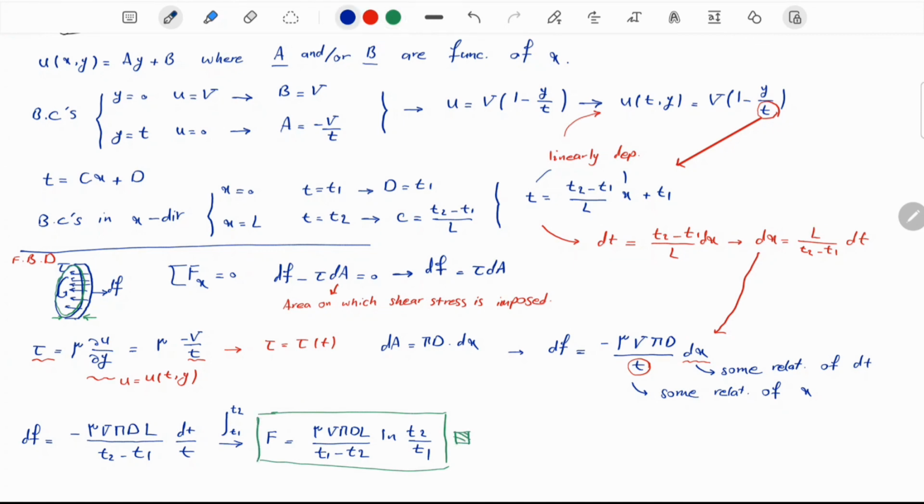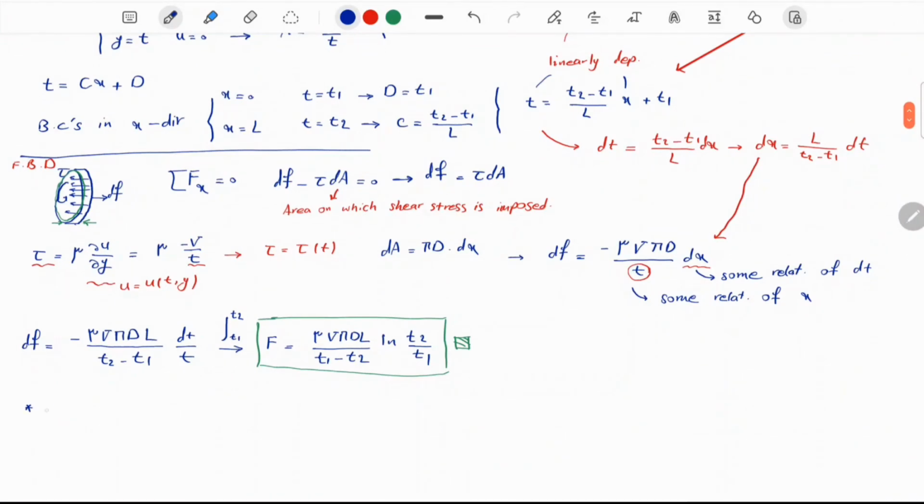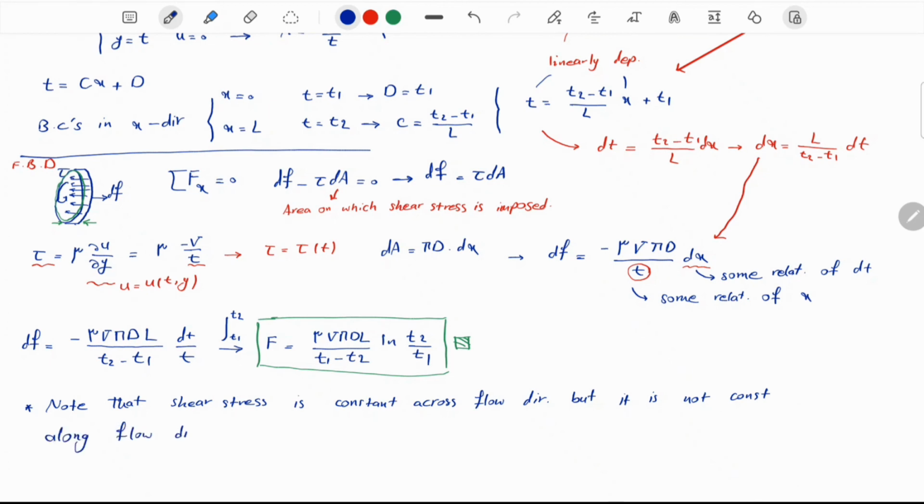Okay, there's a point in this question. Note that shear stress is constant across the flow direction, but it is not constant along the flow direction.